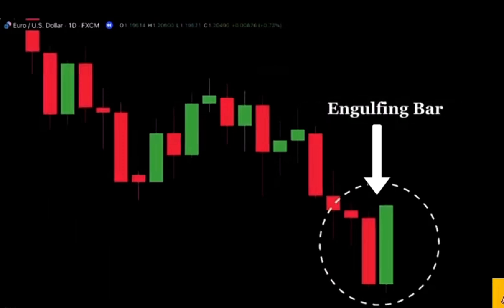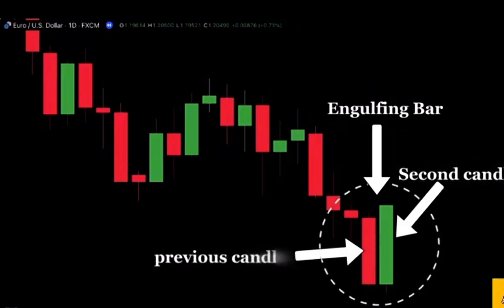The engulfing bar is one of the strongest candlestick patterns that signals a shift in market control. It's a two-candle pattern where the second candle completely engulfs the previous one, showing that either buyers or sellers have taken over. A bullish engulfing appears after a downtrend. The first candle is red, showing that sellers were in control, but then a much larger green candle follows, completely covering the previous one.